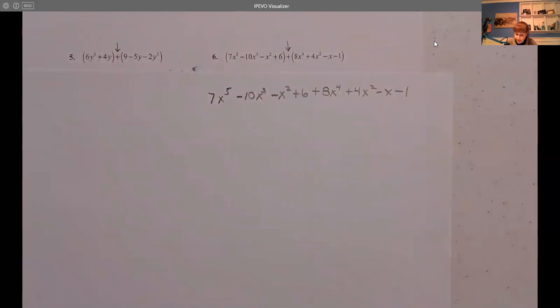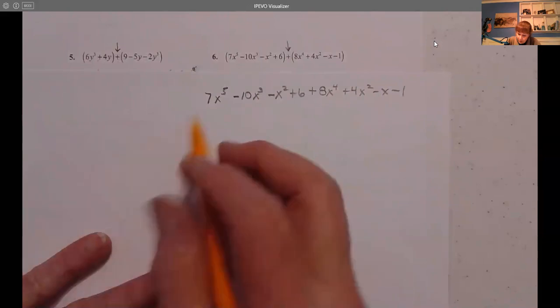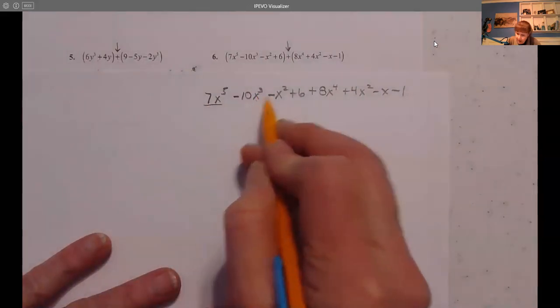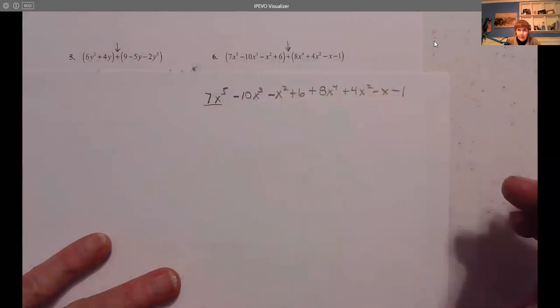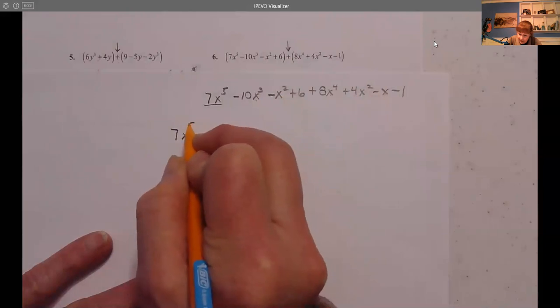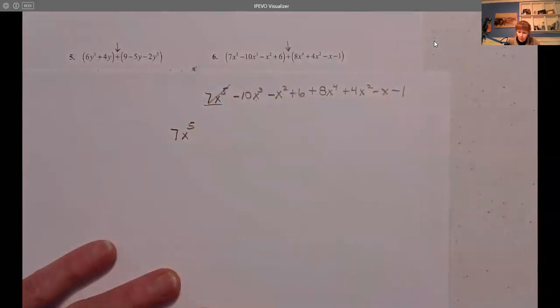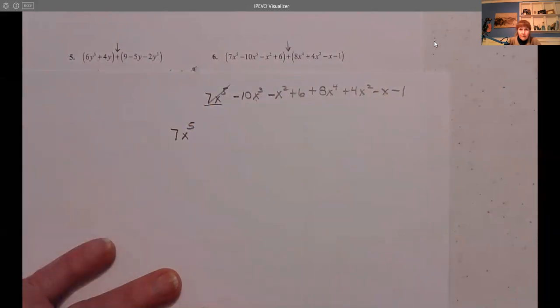All right, looks good. We're going to start with the highest power, x to the 5th. We're going to look for another x to the 5th, and there aren't any. So we're going to lead off with 7x to the 5th. There's nothing we can combine it with, so our answer is just 7x to the 5th.